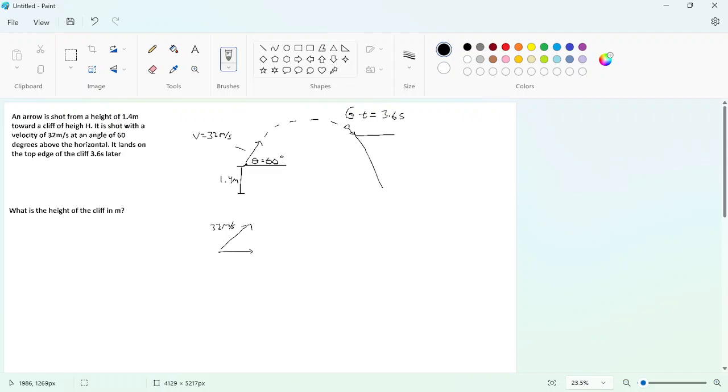We'll break this into two components, Vx and Vy, with the angle being 60 degrees. How do we get Vy and Vx? I'll tell you now. This has to do with, you know it, trig. It has to do with trig again.